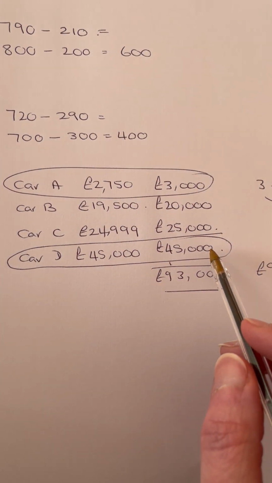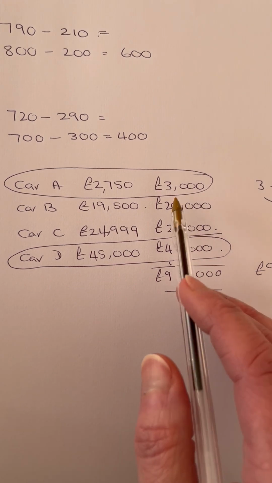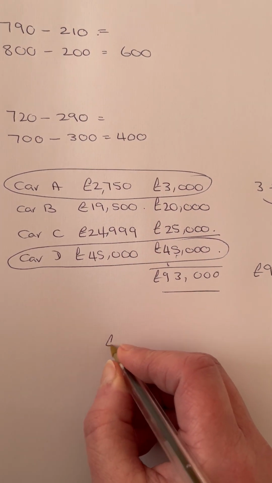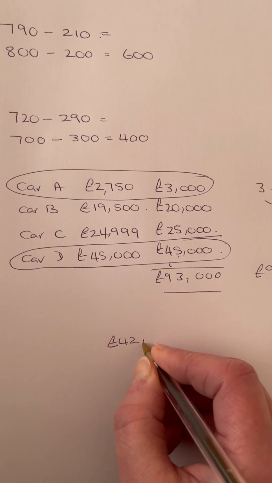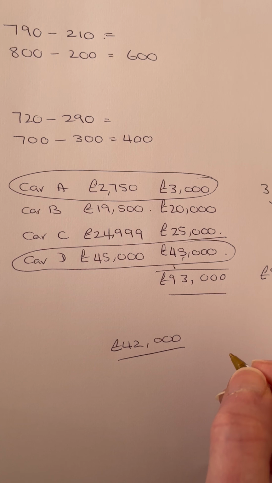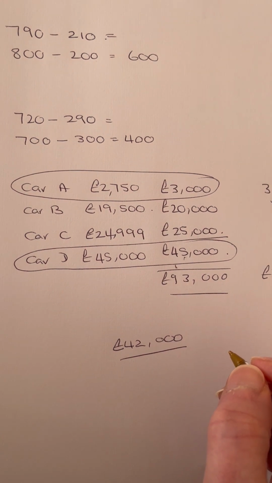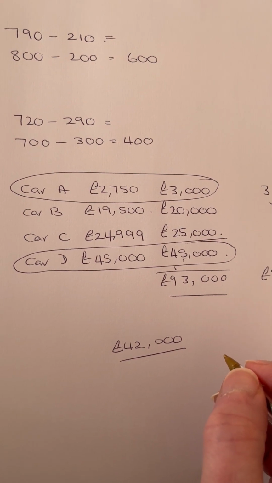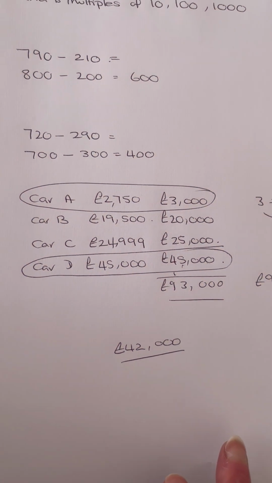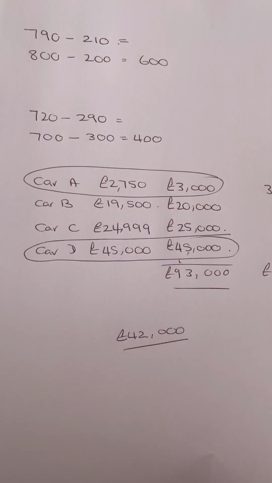But in this case, we're just going to do 45 minus 3, and we can see in our head that is instantly £42,000. It's a way of getting an estimated amount, but it's not an actual amount.